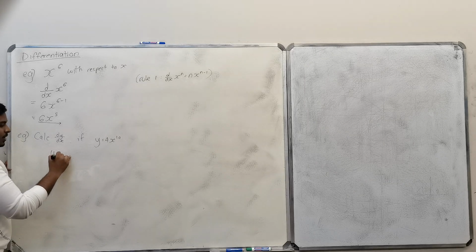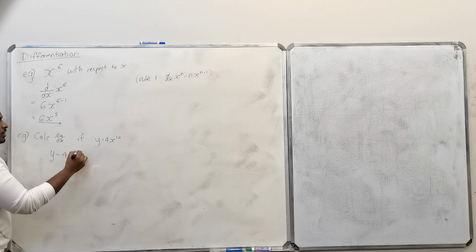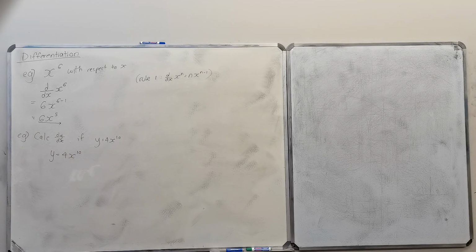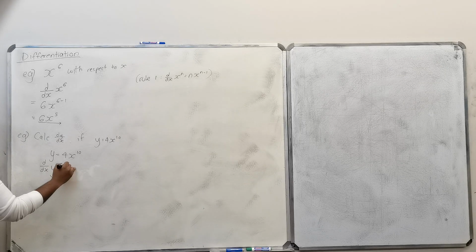Write down your equation that's given first. You introduce d over dx to both sides. So you're going to end up with d over dx of y equal to d over dx of 4x to the power 10.